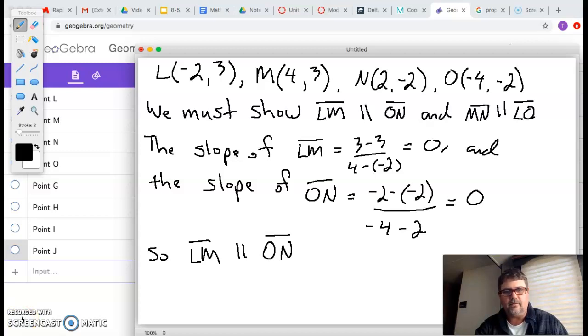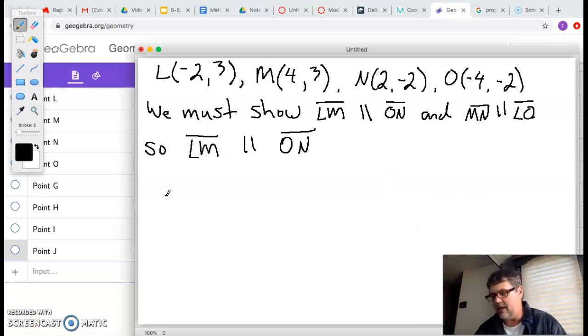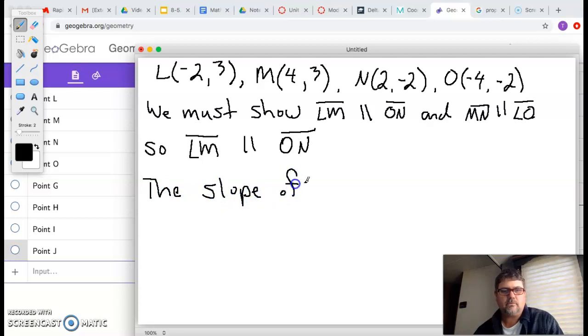All right, so our last line there said we have shown that LM was parallel to ON, and now we're going to show that MN is parallel to LO. So let's do that one. All right, the slope of line segment MN is, let's see, all right, what are we going to get?